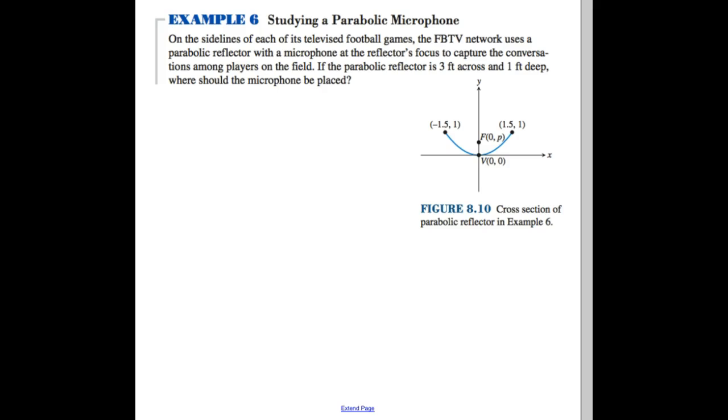Well, we know that the microphone should be placed at the focus, right? So the job here is find the focus. Now, where most students get hung up is that they think the dimensions that they're giving you are leading to that focus.